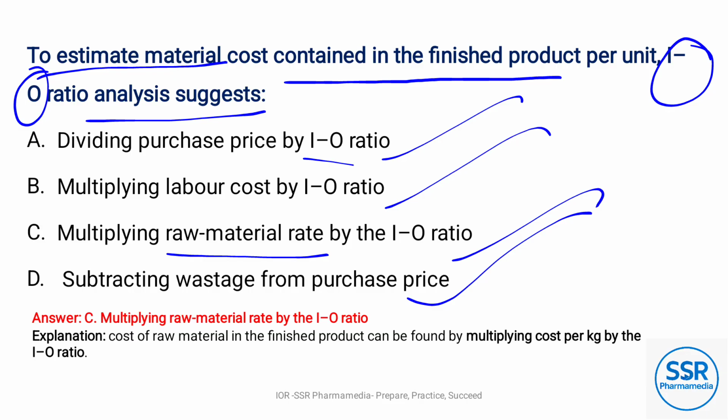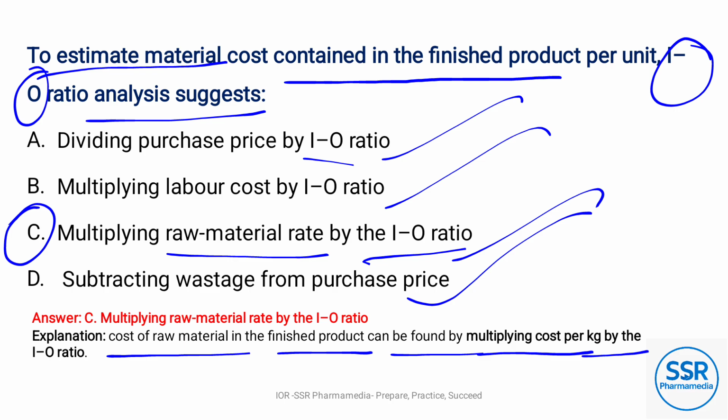So the answer is option C, multiplying raw material rate by input-output ratio. The cost of raw material in the finished product can be found by multiplying cost per kg by the input-output ratio.